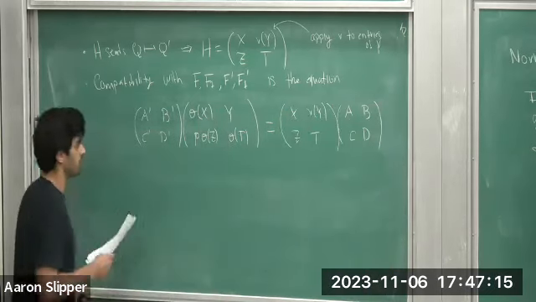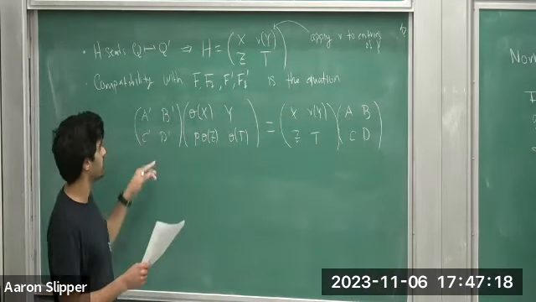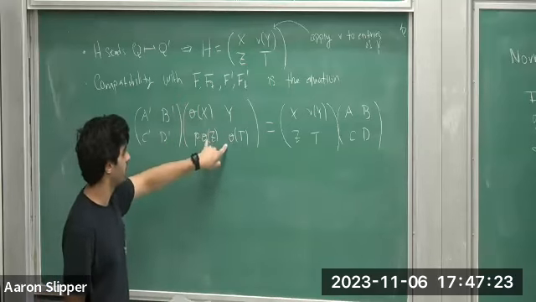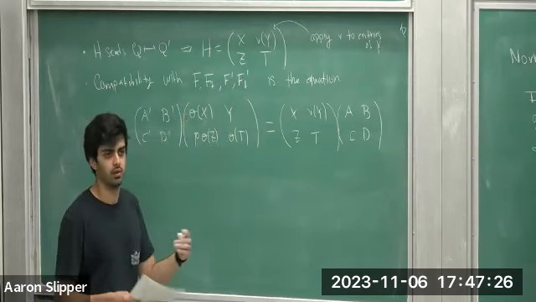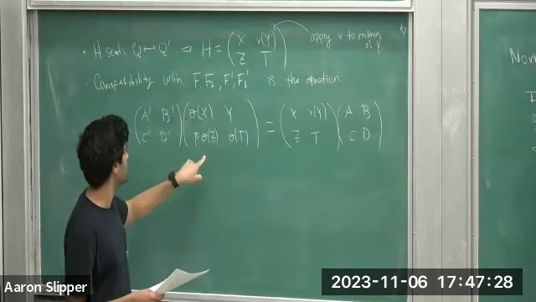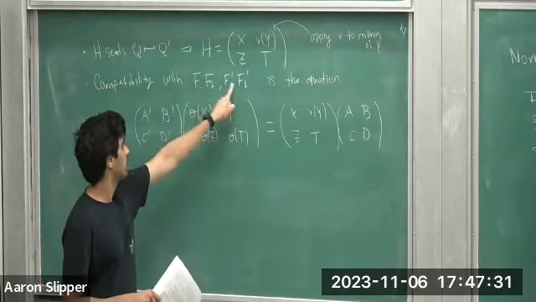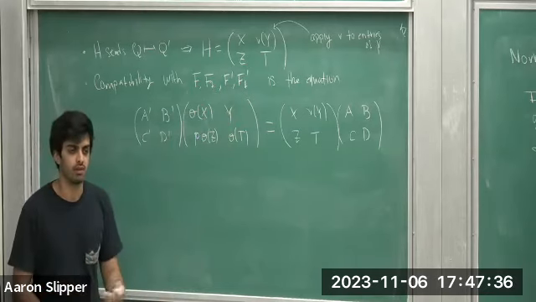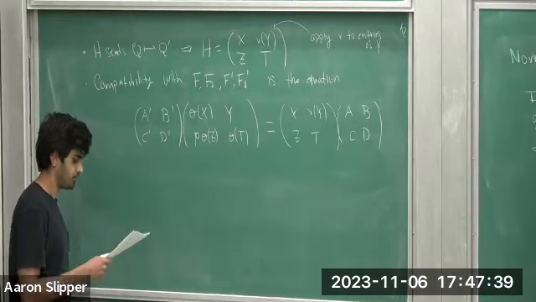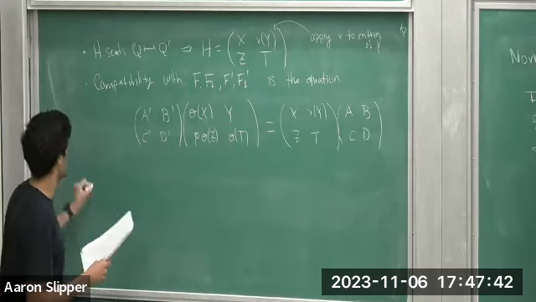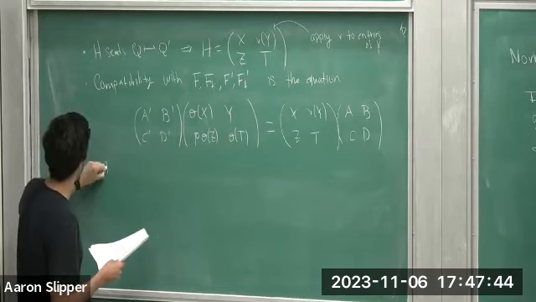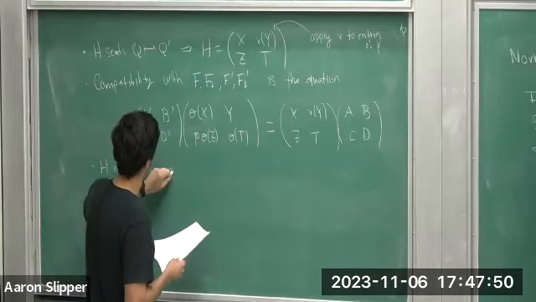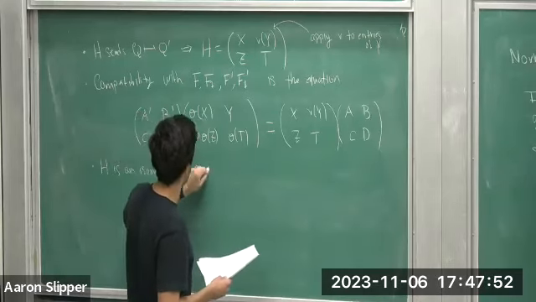So this ends up resulting from the conditions that it's compatible with F and V. These sigmas are showing up because F and F1 are both sigma linear, and this p is showing up because on L, F1 is p times F1. So using this, finally we can say that H is an isomorphism.